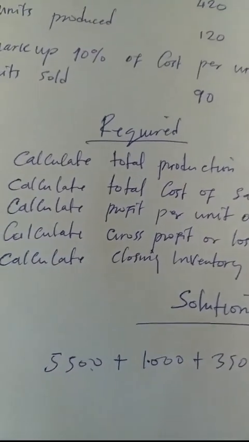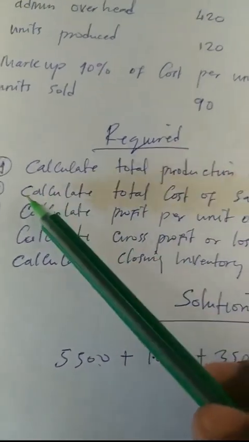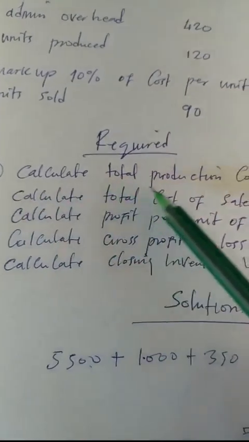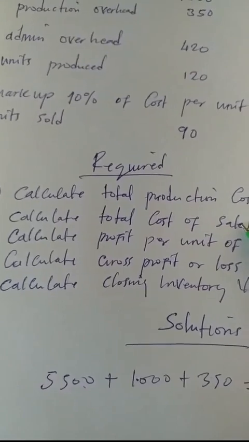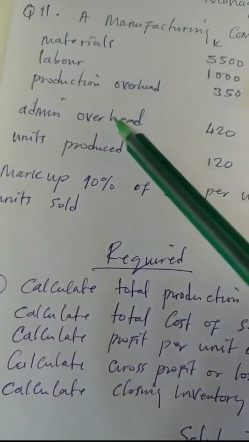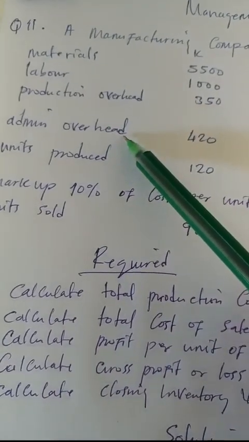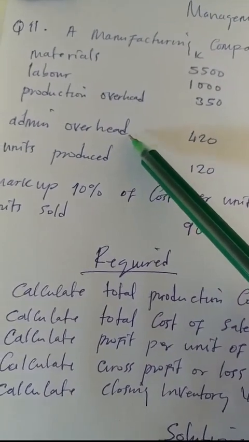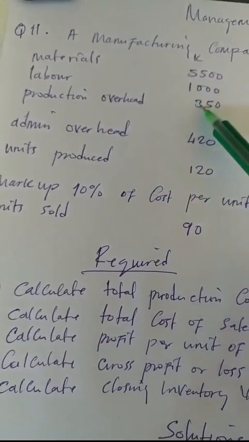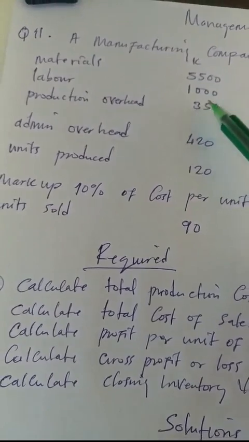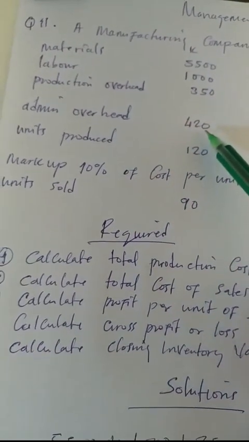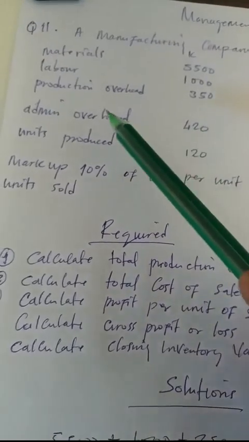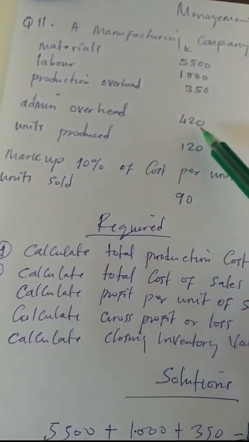Okay, question 2 now. Question 2 reads, calculate total cost of sales. Like I've explained, total cost of sales involves the administration overheads. Since the point you've reached now, you are selling. You are done with producing. Now you've reached an extent where you are selling, so you need to add the overheads you incurred when you wanted to sell, which was the administration overhead, 420.